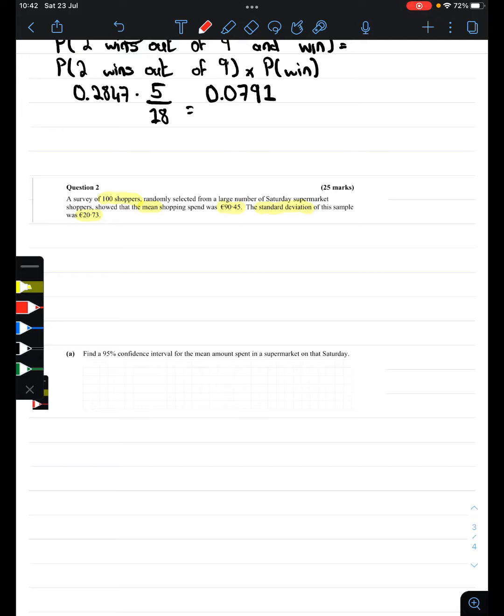So a survey of 100 shoppers. Okay, so our sample size is 100. The mean shopping spend was 90.45. Okay, the sample mean, the mean from the sample, x bar, is 90.45, and the standard deviation, our sigma, is 20.73.